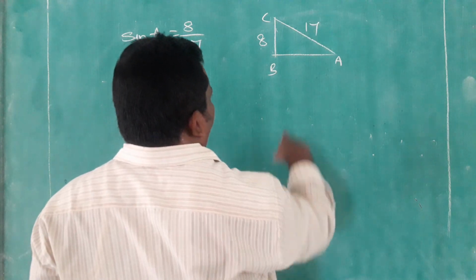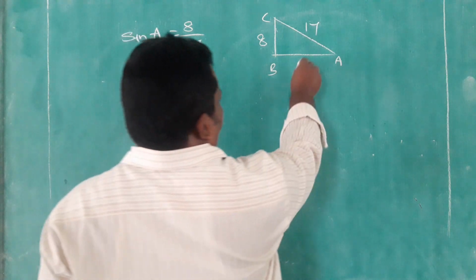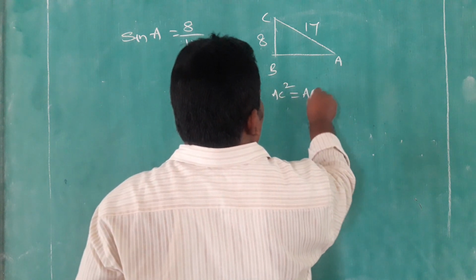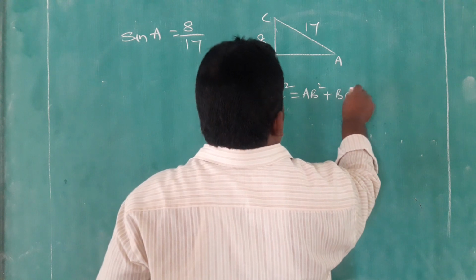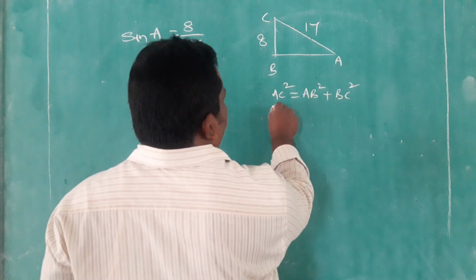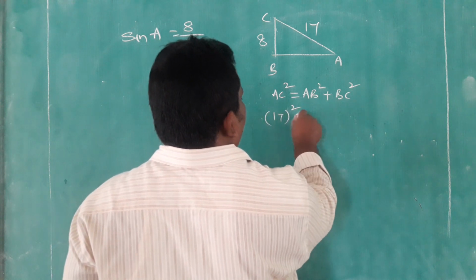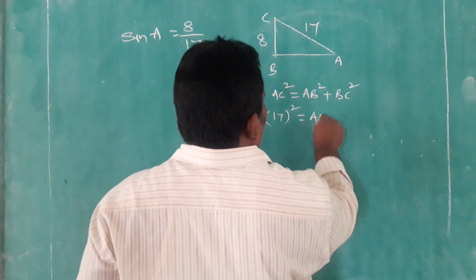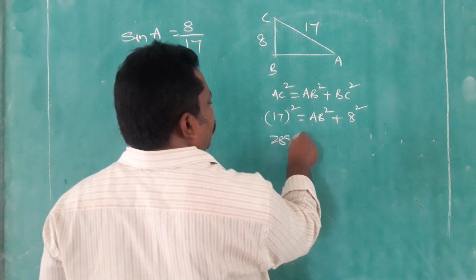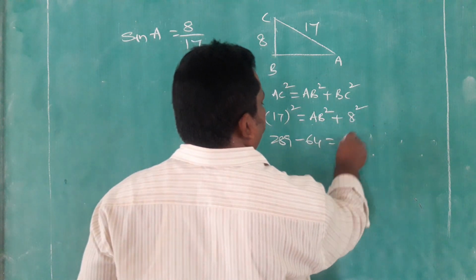By using the Pythagoras theorem, AC square is equal to AB square plus BC square. AC square is 17 square, which is equal to AB square, we don't know, plus BC value is 8 square. Okay, 289 minus 64, which is equal to AB square.